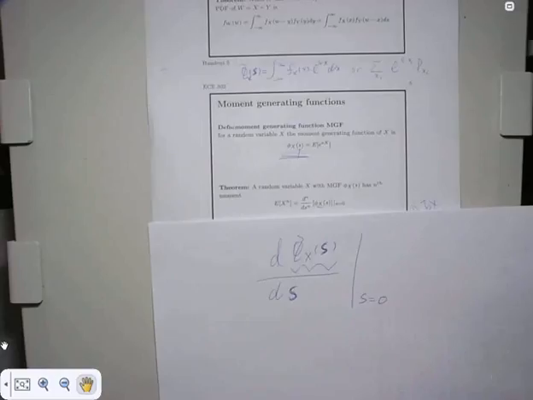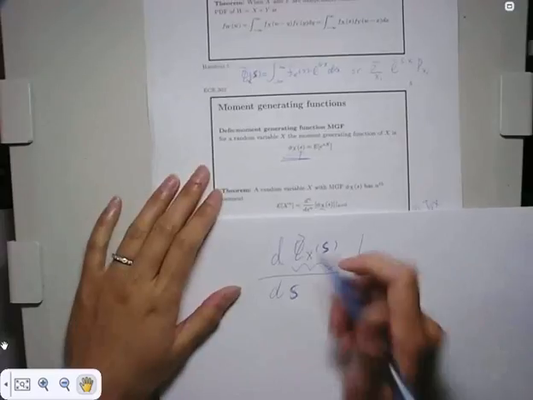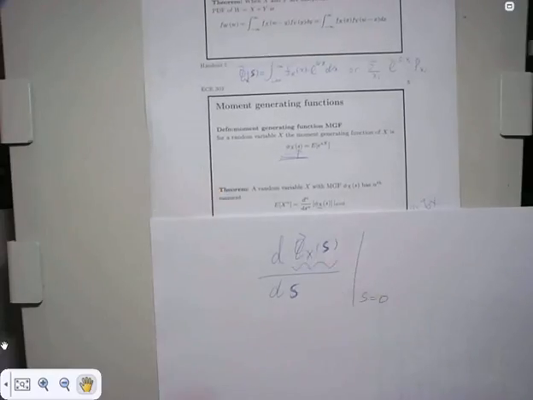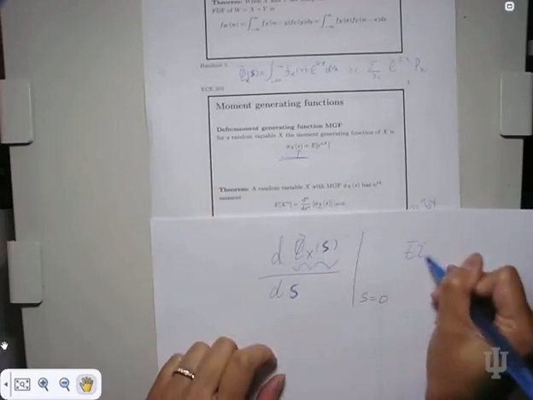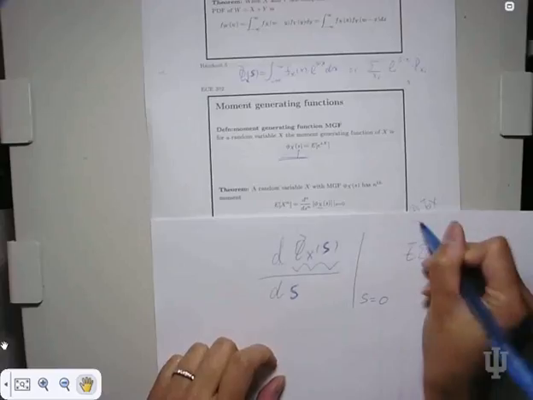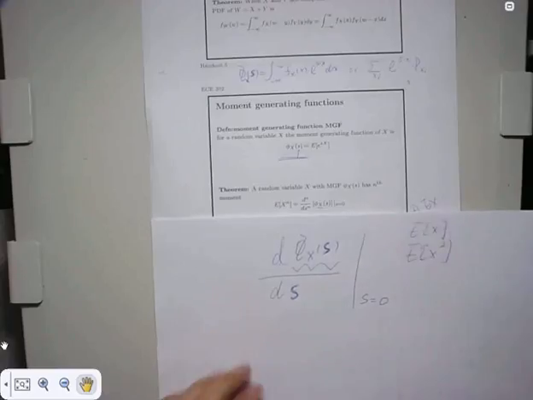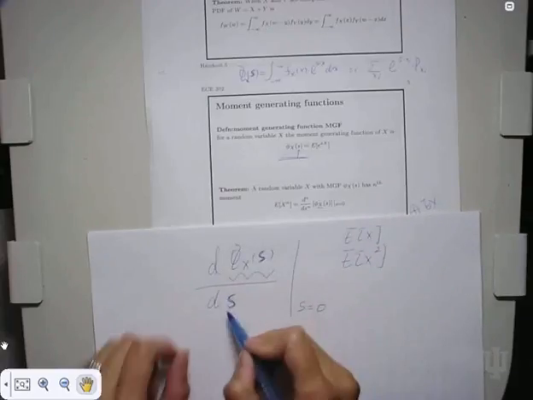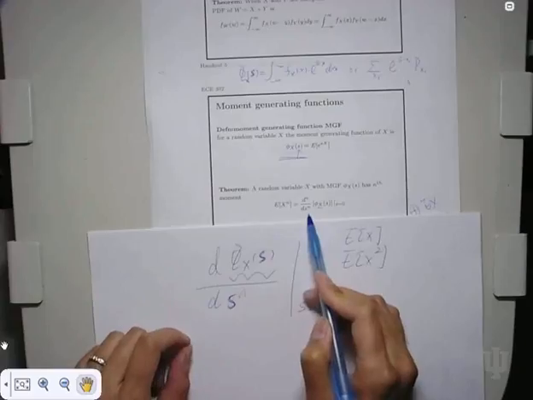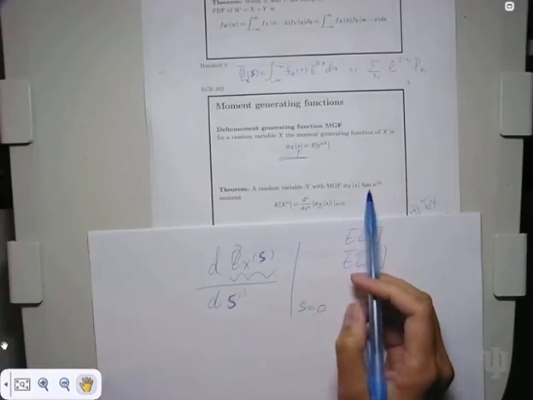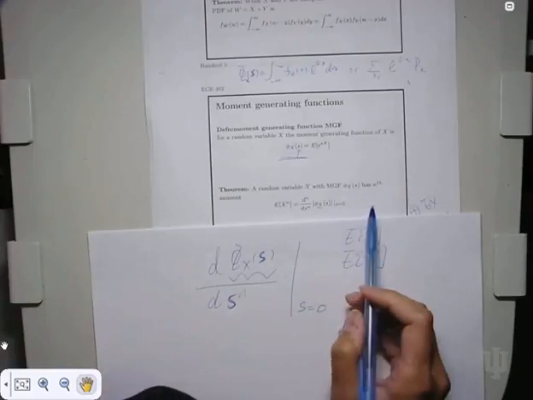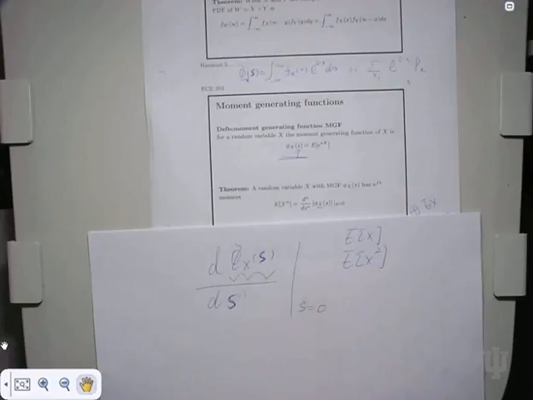Don't substitute 0 into that immediately, then you get a mistake. We'll try an example and we'll see. If this has the second derivative, you will be able to have this. If this has the first derivative, we'll be able to have this. So you know that's the formula here. You do the nth derivative, it will give you the nth moment of that random variable.